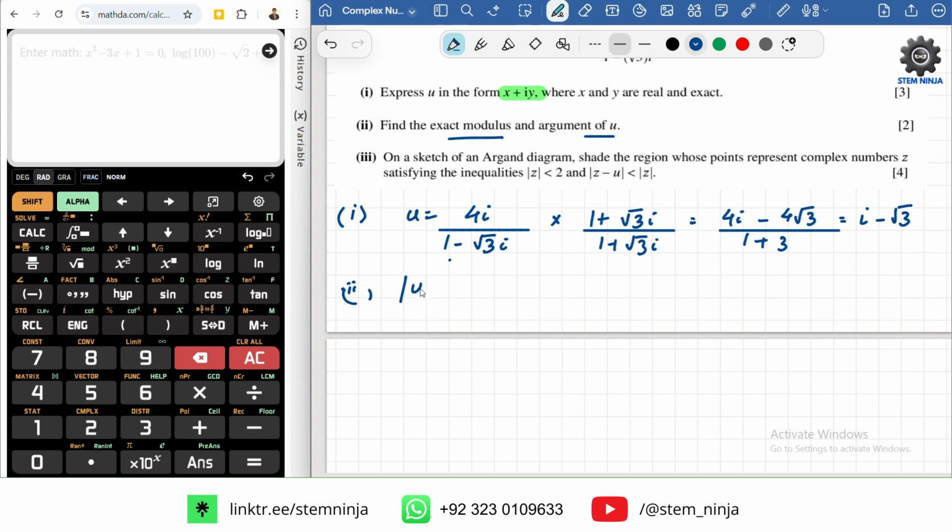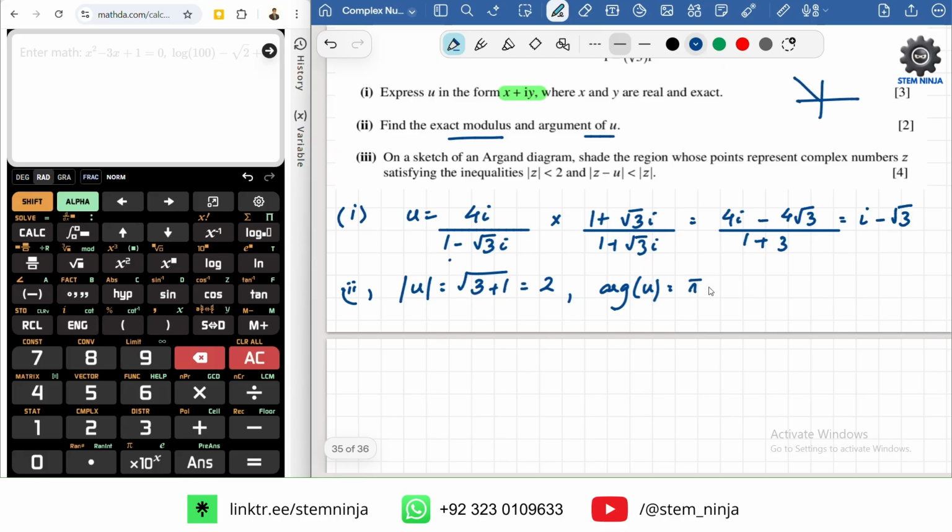Right, so the modulus of u is the square root of 3 plus 1, so that is just 2. And the argument of u, it's basically in the second quadrant, right?